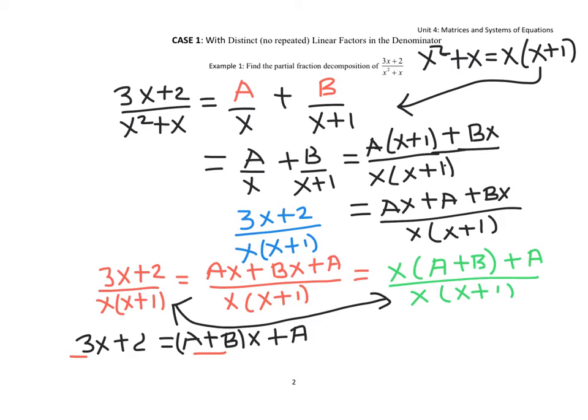So I can write an equation here and say a plus b is equal to 3, and I can equate a to 2. So I'm going to write here a is equal to 2, and if a is equal to 2, I can see b must equal 1.